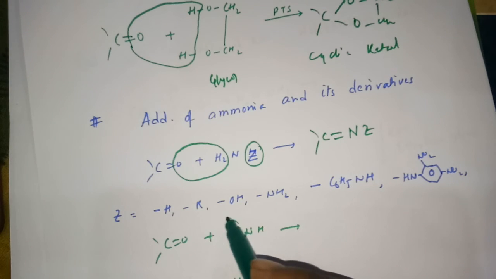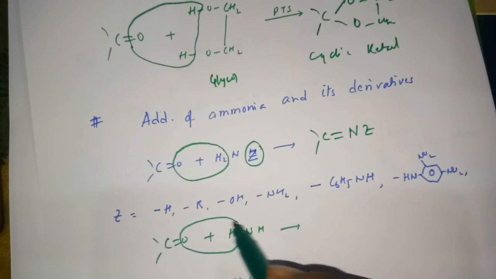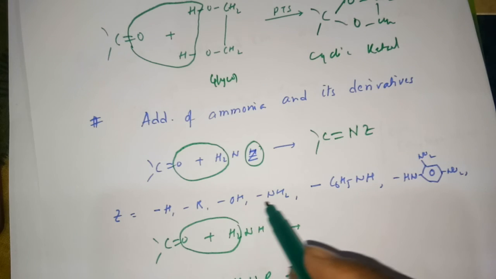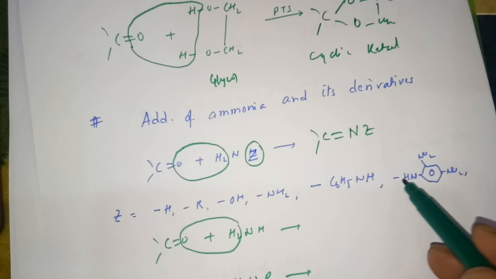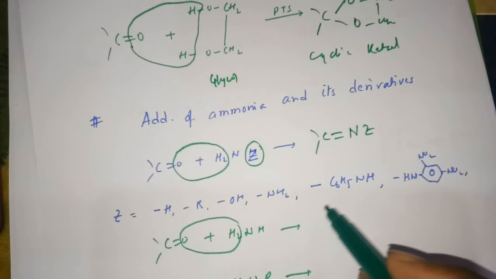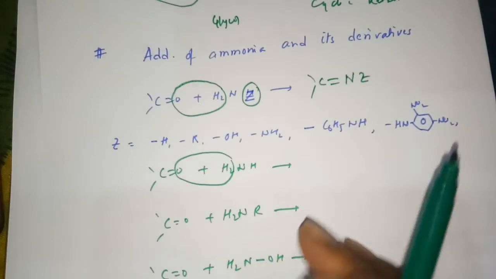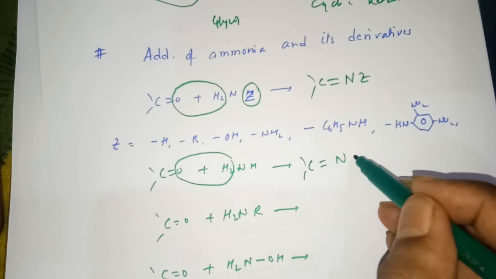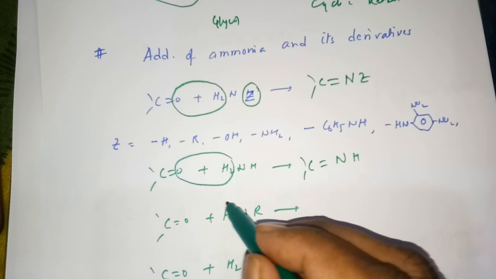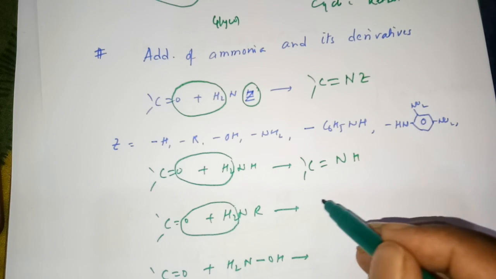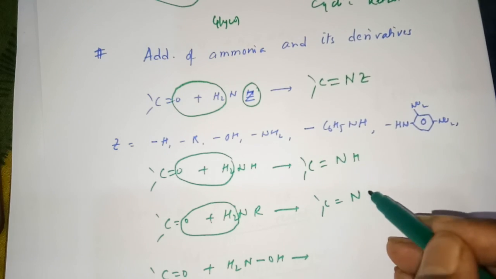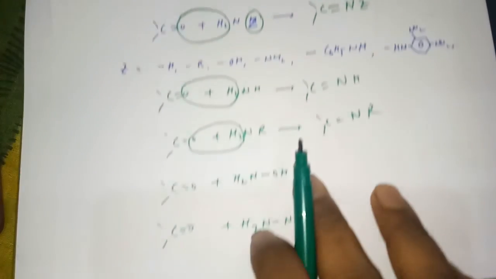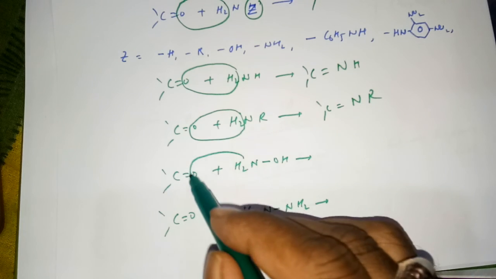Z may be hydrogen, R, OH, NH2, C6H5NH, etc. If loss of water takes place, then we have the product like that. In this reaction, the product is like that, and in this reaction as well.